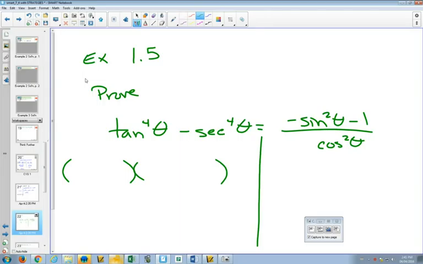As far as factoring, we're going to get tan squared and tan squared, secant squared and secant squared. One of them will be plus, one of them will be minus.